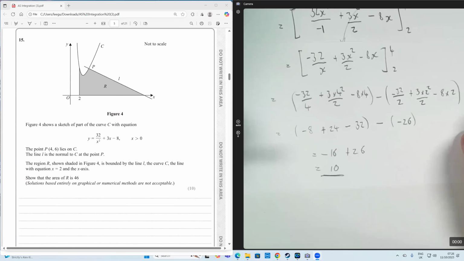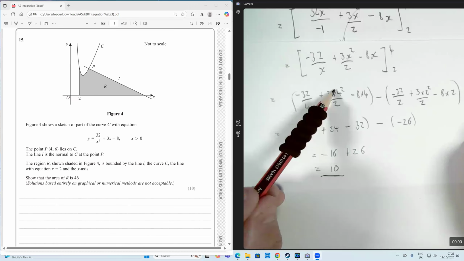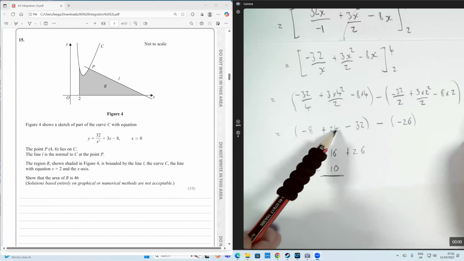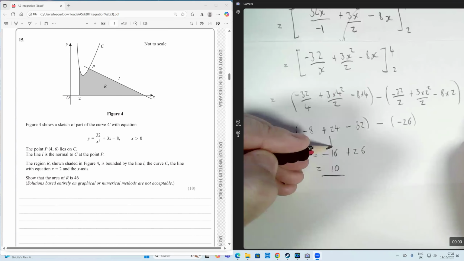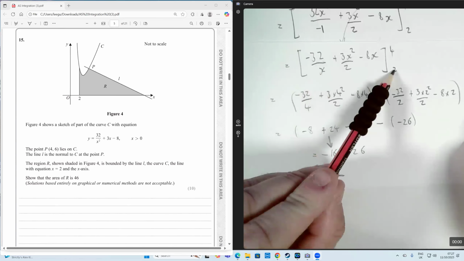Okay, now let's sub in the values. We sub in our 4. Everywhere there's an x, we replace it by 4 and evaluate that, which goes to minus 8, add 24 minus 32, which is minus 16. So that's the first term done. For the next one, everywhere there's an x, a 2 goes in.